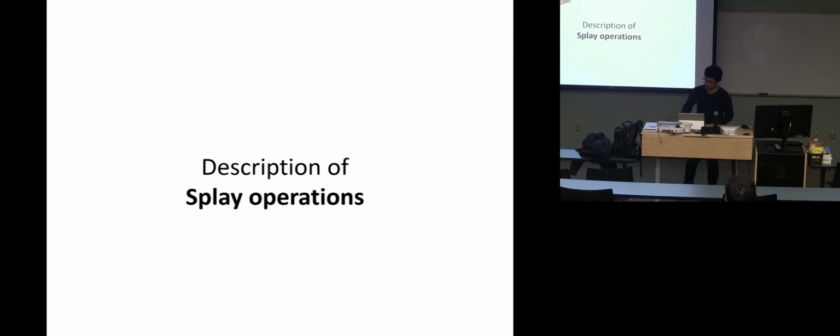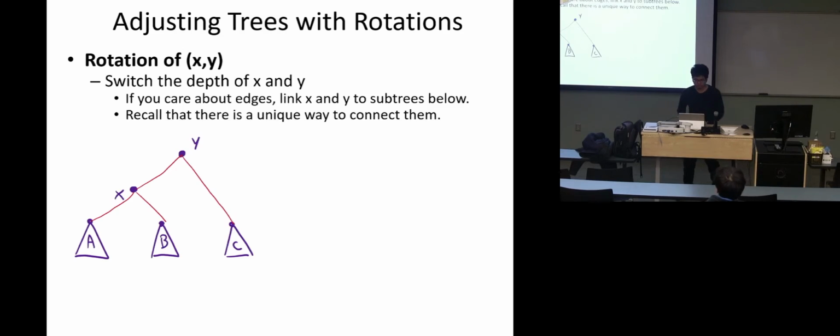Okay. So the first operation that you need to know is rotation. You have seen this, but I will tell you again. Suppose that I want to rotate x and y, where x and y form an edge. You might have seen that to rotate, you need to change the pointers here and there. But what is rotation?